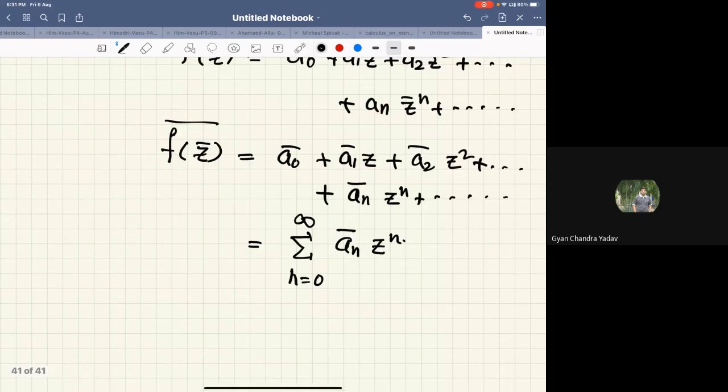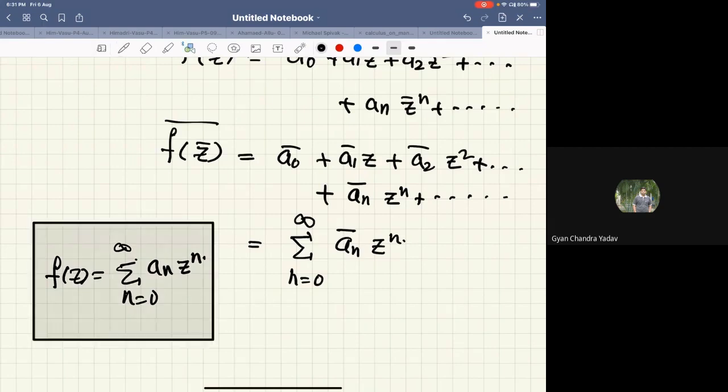Now your f of z is nothing but summation n equals 0 to infinity of an into z to the power of n, and this series and that series have the same radius of convergence. Am I right?